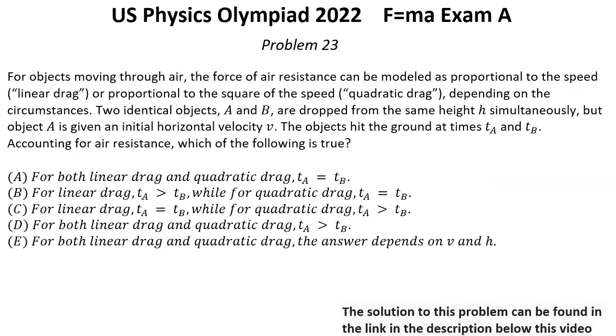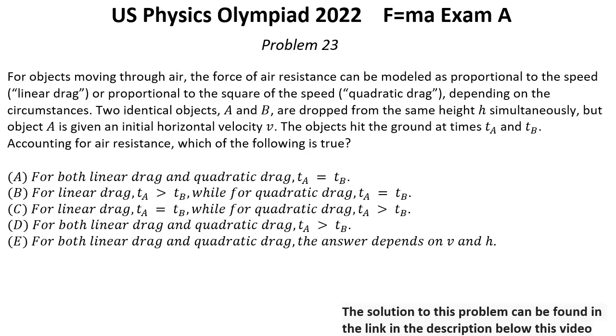Problem number 23. For objects moving through air, the force of air resistance can be modeled as proportional to the speed, linear drag, or proportional to the square of the speed, quadratic drag, depending on the circumstances.